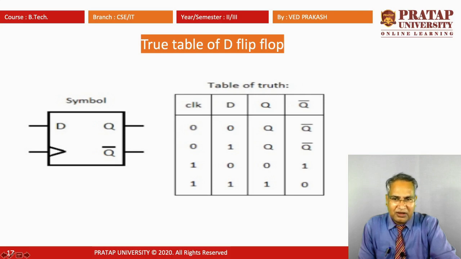But in the case of a high clock, if the D value is 0, then we get Q 0 and Q bar 1, and if the D value is 1, then we get Q 1 and Q bar 0. So that is the truth table of the D flip-flop.